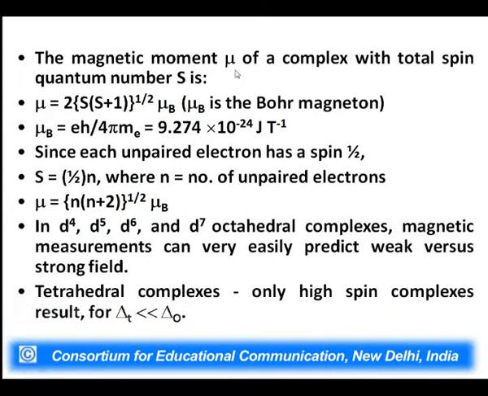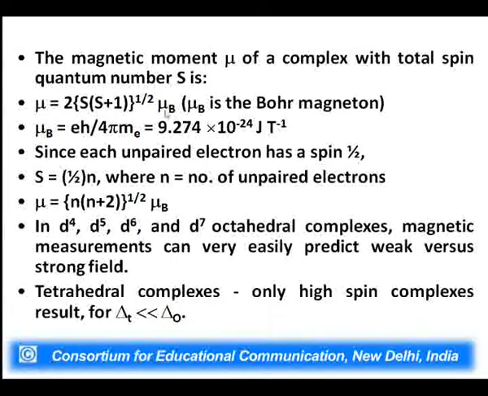The magnetic moment, normally designated as mu, for a complex with a total spin quantum number S, is given by this formula: mu = 2, the gyromagnetic ratio here, times the square root of S into S plus 1, times mu B, the Bohr magneton, that is a unit. We know that mu B in terms of Joule Tesla has a value of 9.274 × 10 to the power minus 24 Joule Tesla inverse.